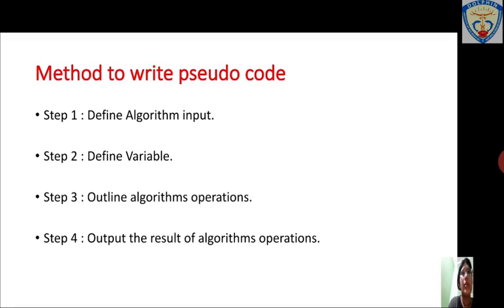In this program of addition, we are using the arithmetic operator, the plus, to do the addition. After performing the addition, you will be assigning the value to the sum. The x and y value will be saved in the sum part, and that you will be displaying. This is how you write the pseudocode.